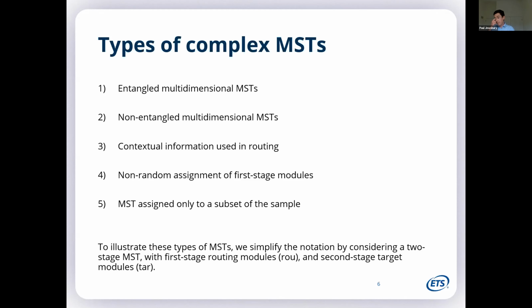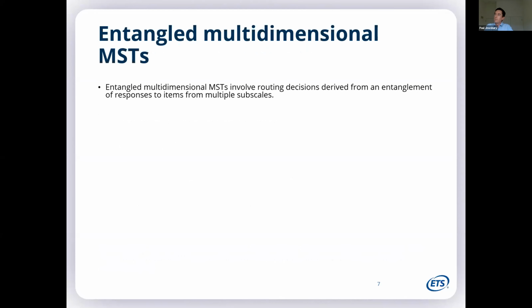To illustrate these MSTs and simplify the notation, we'll just consider a 2-stage MST with first stage routing modules denoted by ROW, and second stage target modules denoted by TAR. So an entangled multidimensional MST is an MST that has routing decisions that are derived from an entanglement of responses to items from multiple subscales.